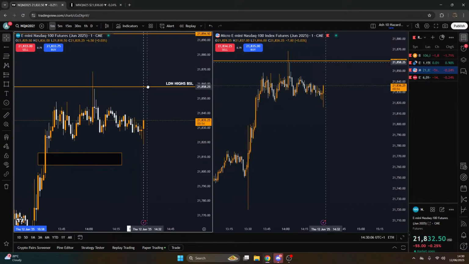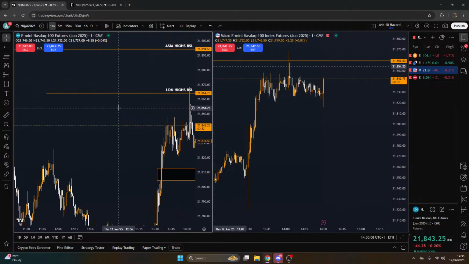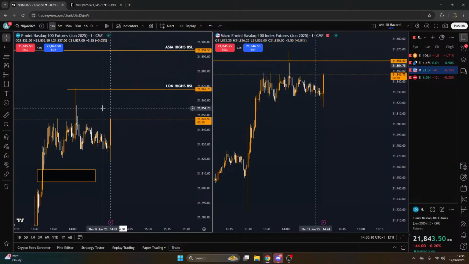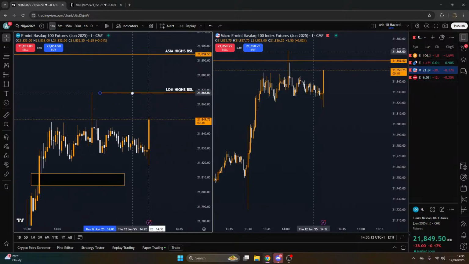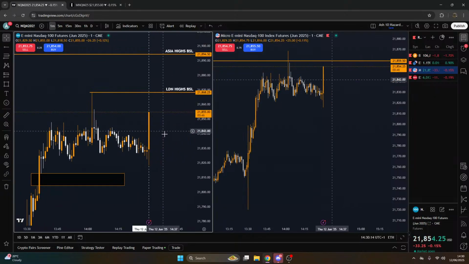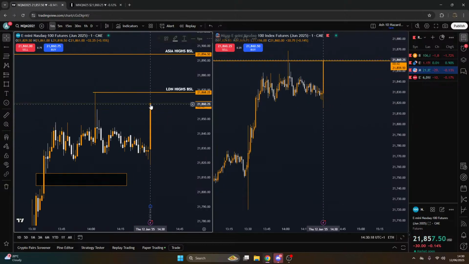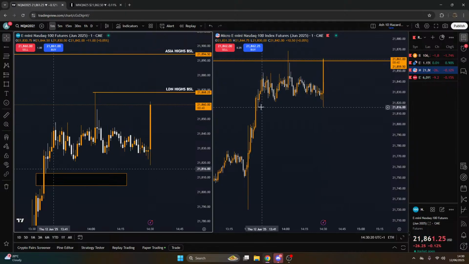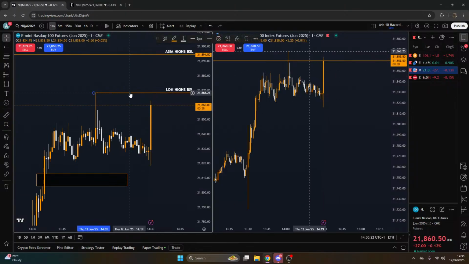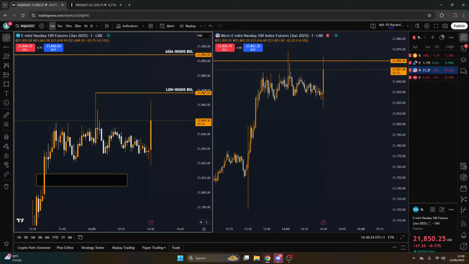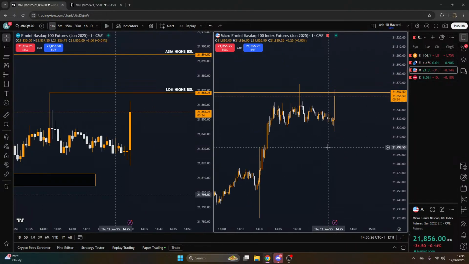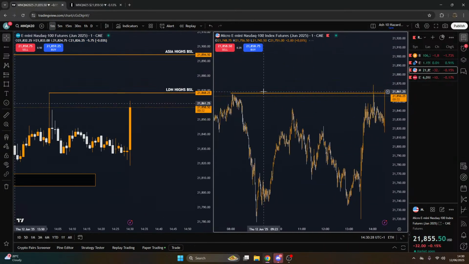Can you tell me what price the SMT's at so I can take a look? Because I'm not exactly looking for anything as of yet. So there we go, that is 230 now. Can you guys see that spike as soon as we've hit 230, how big that spike is? That is the New York Stock Exchange opening. And we're now going for this high, the new London highs here at 21868. So price will be going for that and manipulating higher.